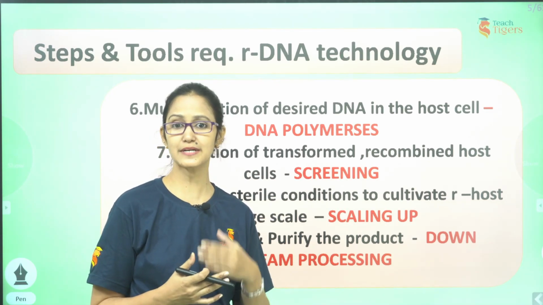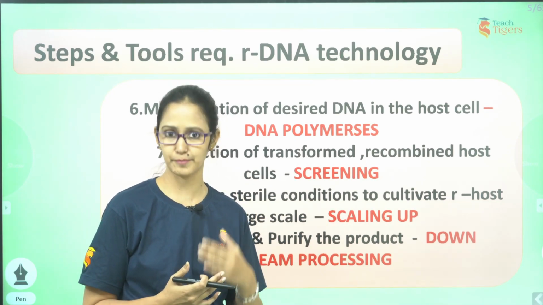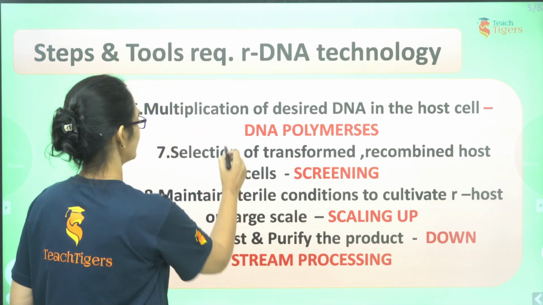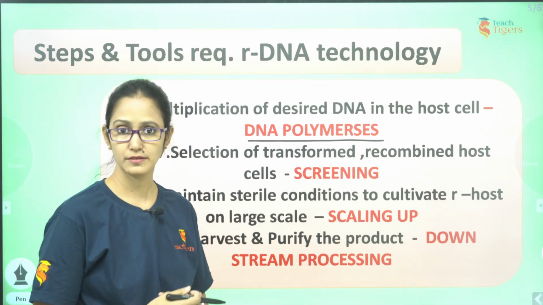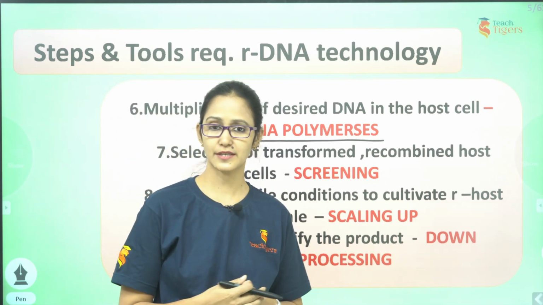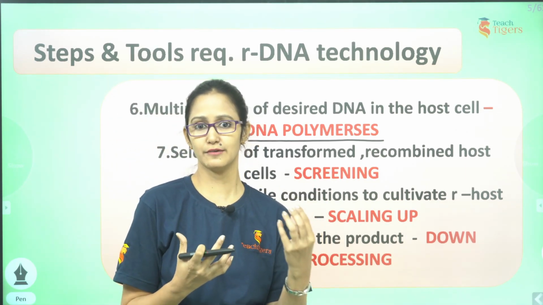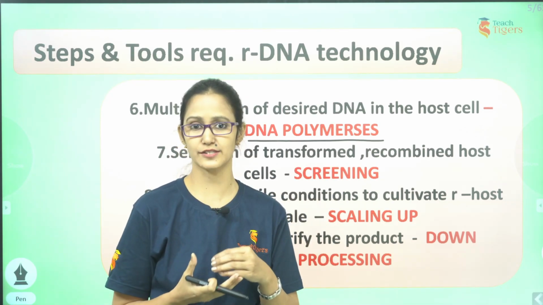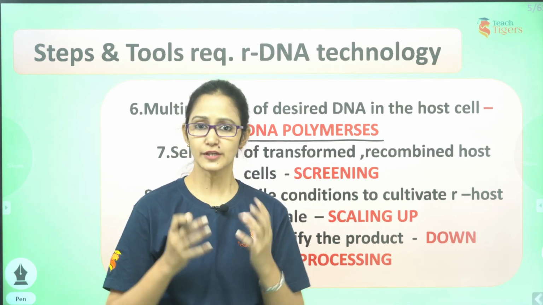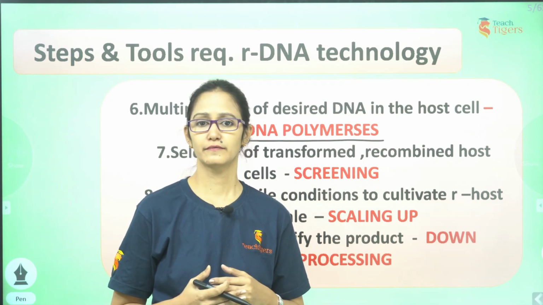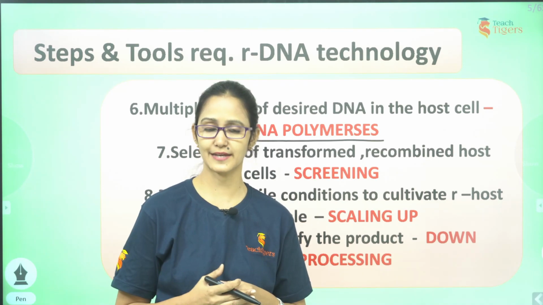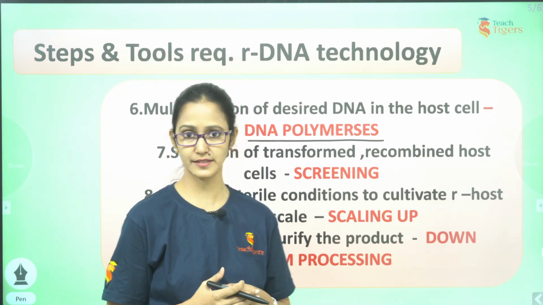That means stable transfer of the recombinant DNA is happening due to the presence of DNA polymerases. So what happens here is, as soon as the recombinant DNA molecule is carried into the host organism, within the host cell, the plasmid tries to replicate on its own with the help of the host enzymes, that is DNA polymerases, right?